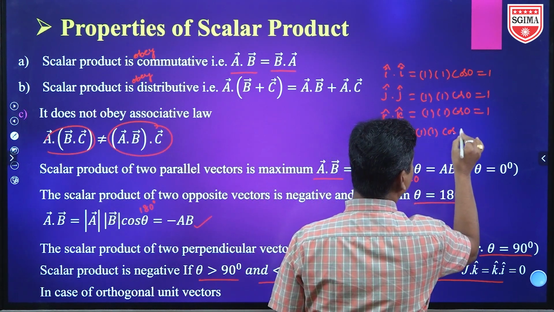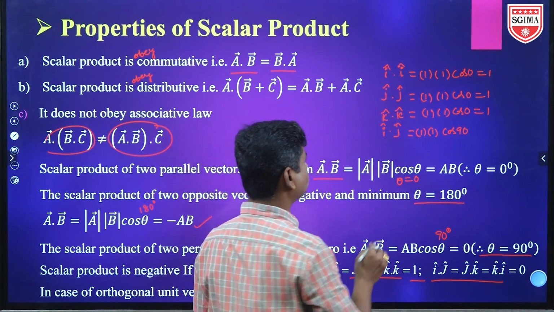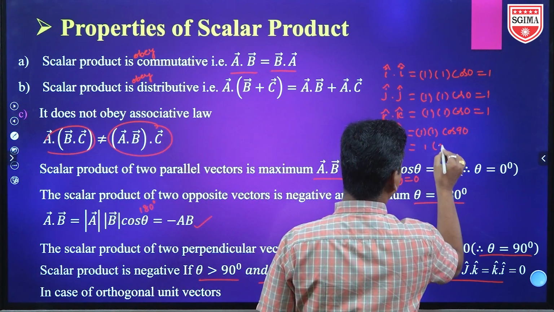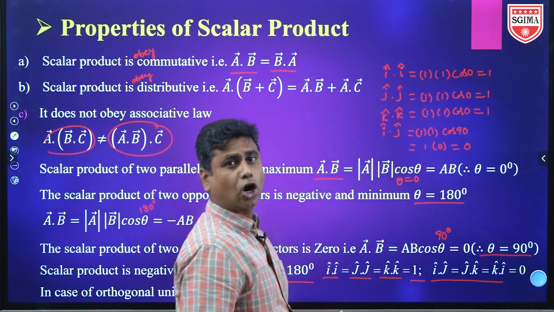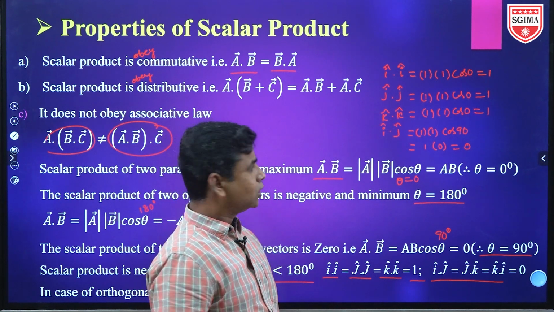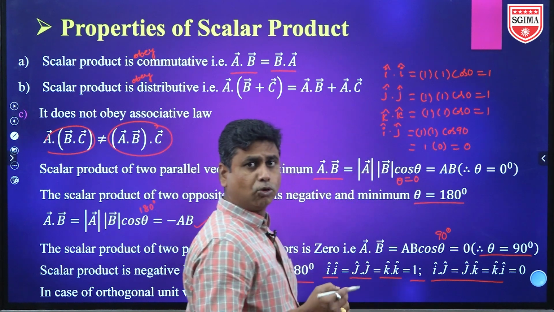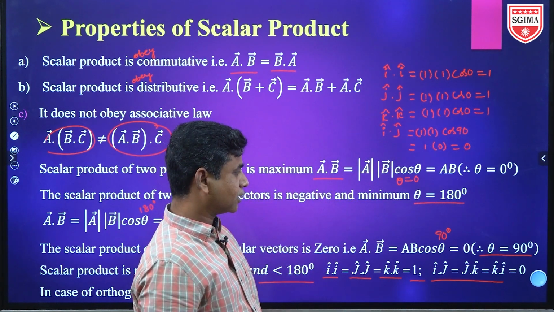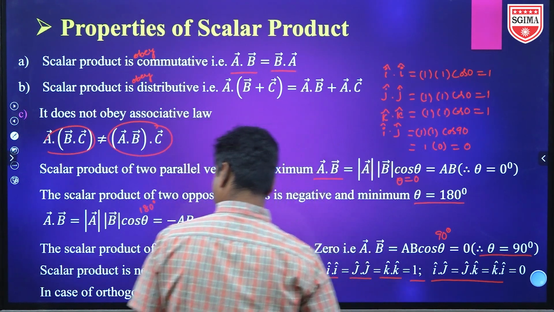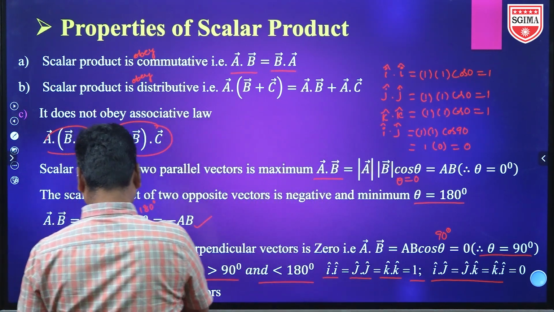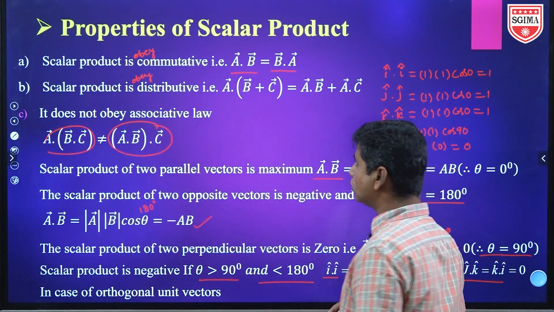Both vectors are perpendicular, so cos 90 equals 0, and 1 times 0 equals 0. Similarly, j cap dot k cap: both are orthogonal, perpendicular vectors, so the dot product equals 0. And k cap dot i cap: both are orthogonal vectors, so the dot product equals 0. In the case of orthogonal unit vectors, the dot product equals 0.